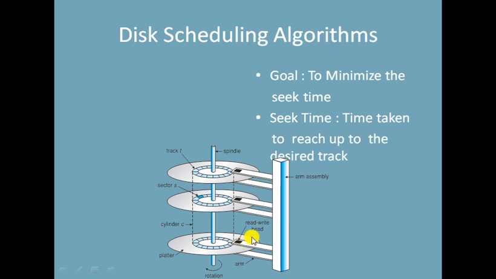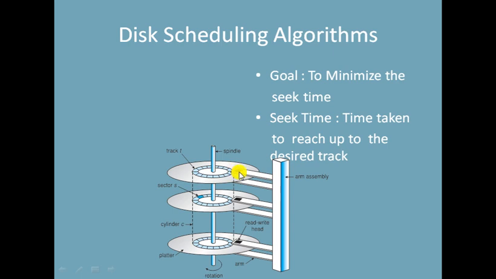Now suppose your read and write head is at the first track and your desired data is on the track nearby the spindle. The movement of your read-write head from the outer edge of the platter to near the spindle is called seek time, the time taken to reach the desired track.